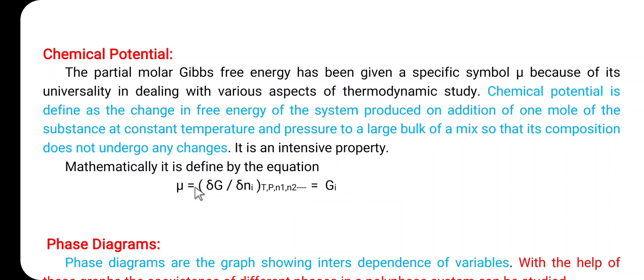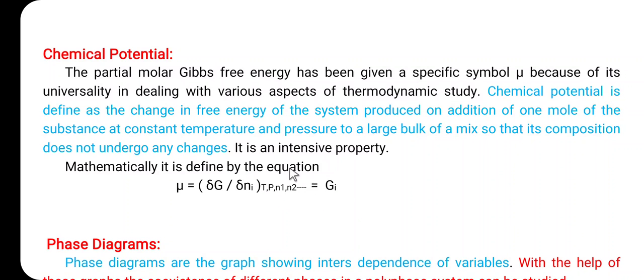So the mathematical definition is mu = ∂G/∂Ni at constant temperature, pressure, number of moles of the first component, number of moles of the second component, and so on. This chemical potential is also denoted by the symbol Gi.